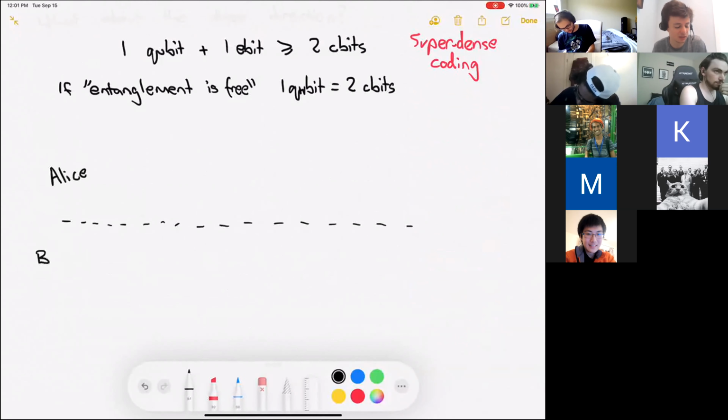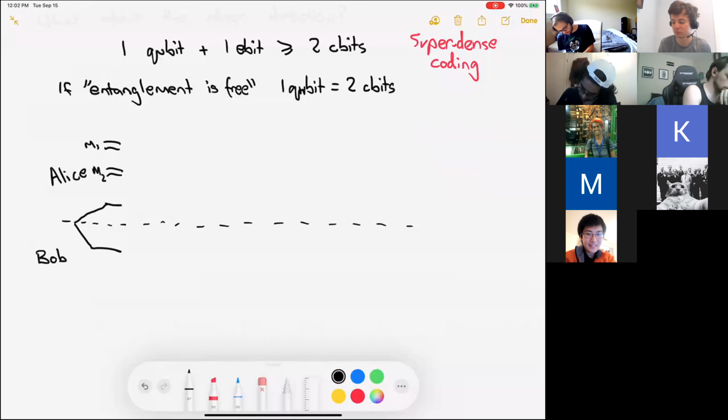So we have Alice and we have Bob. Again, they share an E-bit, i.e. there's some bell pair that is half owned by Alice and half owned by Bob. But Alice also has 2 classical bits, which we'll call M1 and M2, like before.